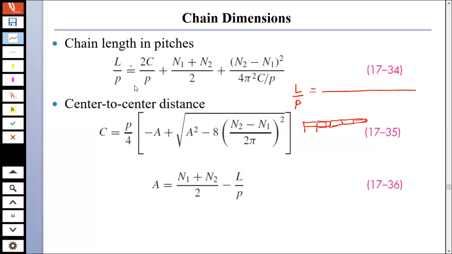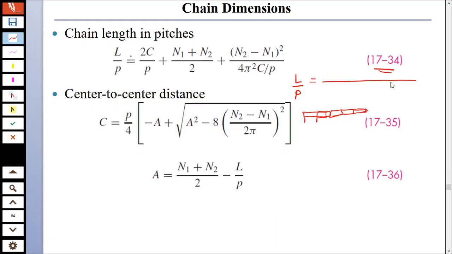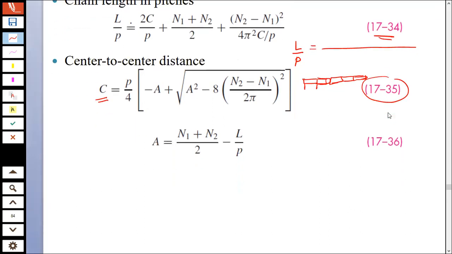The length in pitches is given by equation 17-34, and the center to center distance for the chain is given by 17-35, where the value of a is given by 17-36. So you can use these directly.